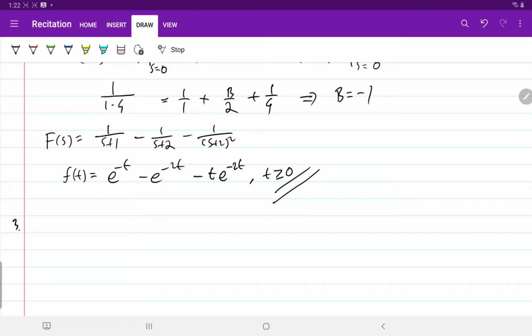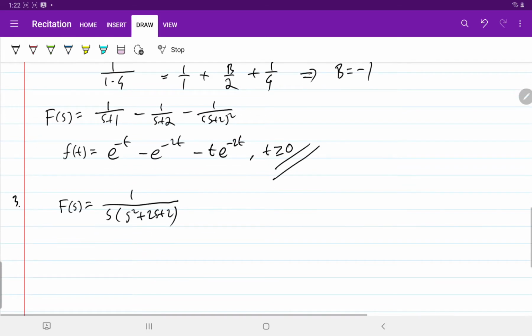Next, problem number 3, we have complex roots. It means that you have real part and imaginary part: s multiplied by s squared plus 2s plus 2.